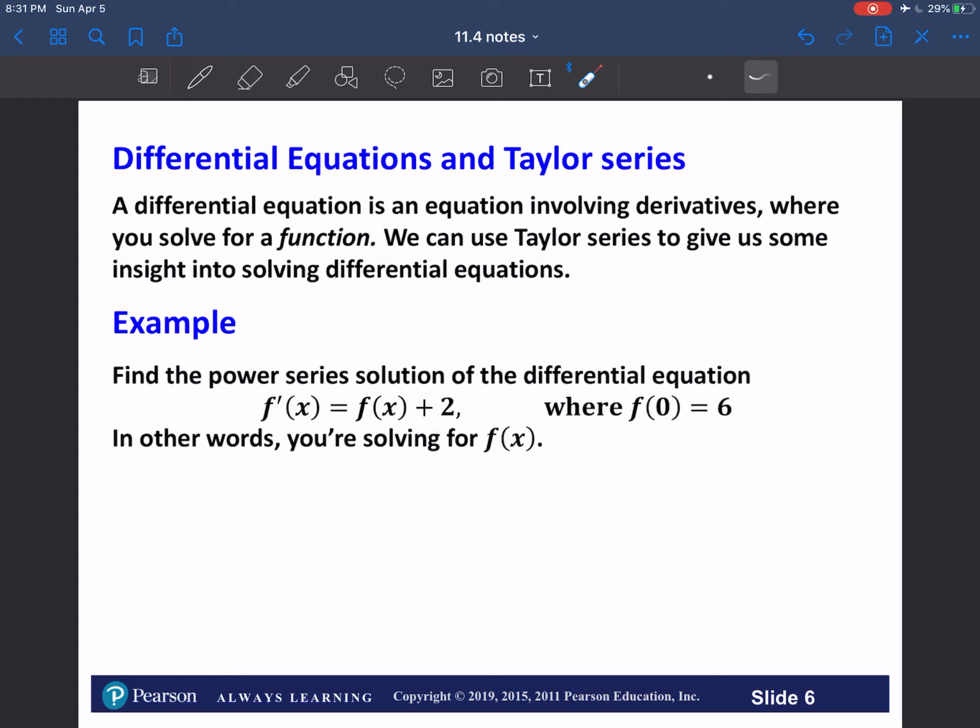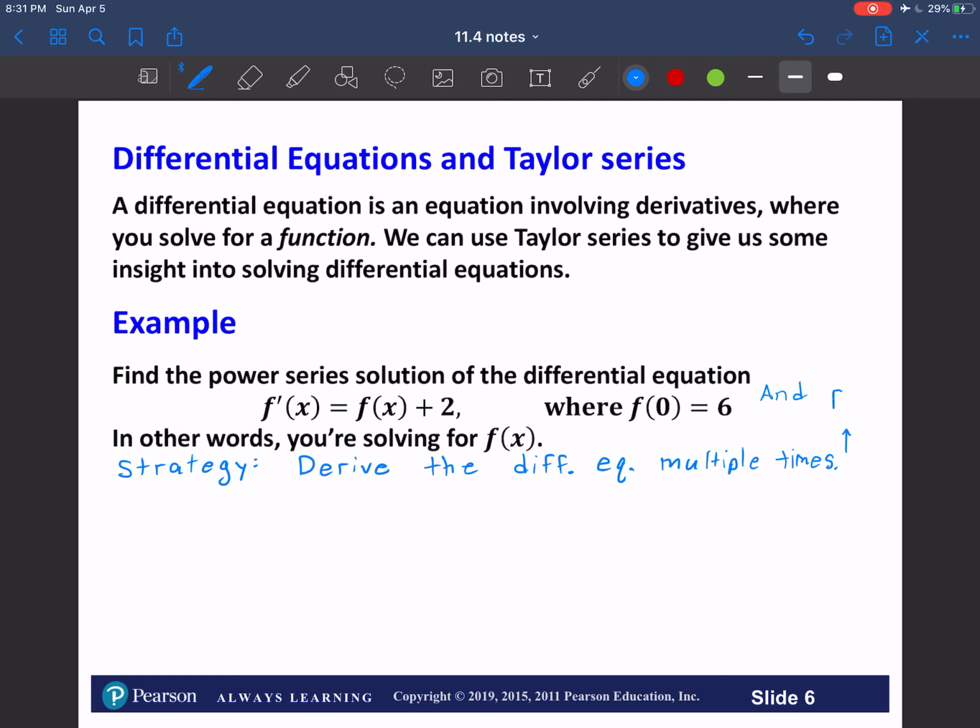So let me write down the strategy: differentiate the differential equation multiple times, and then plug in 0.